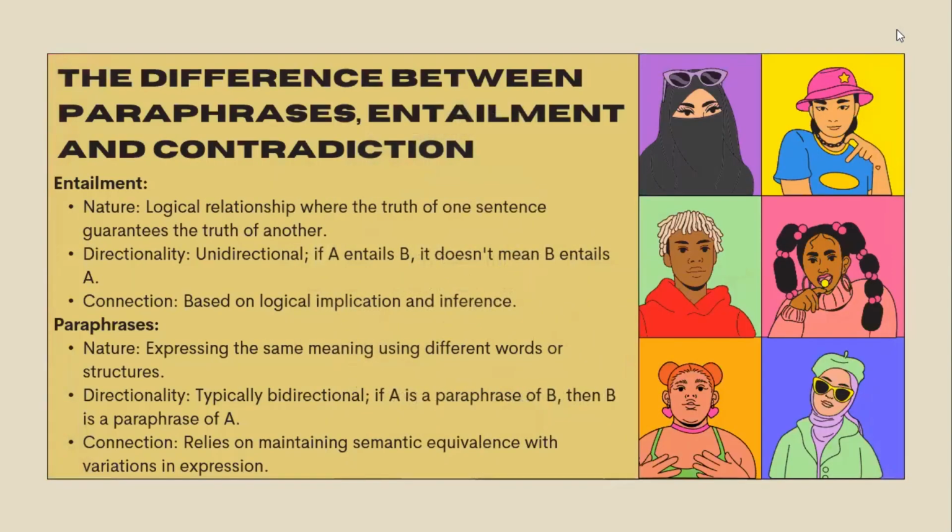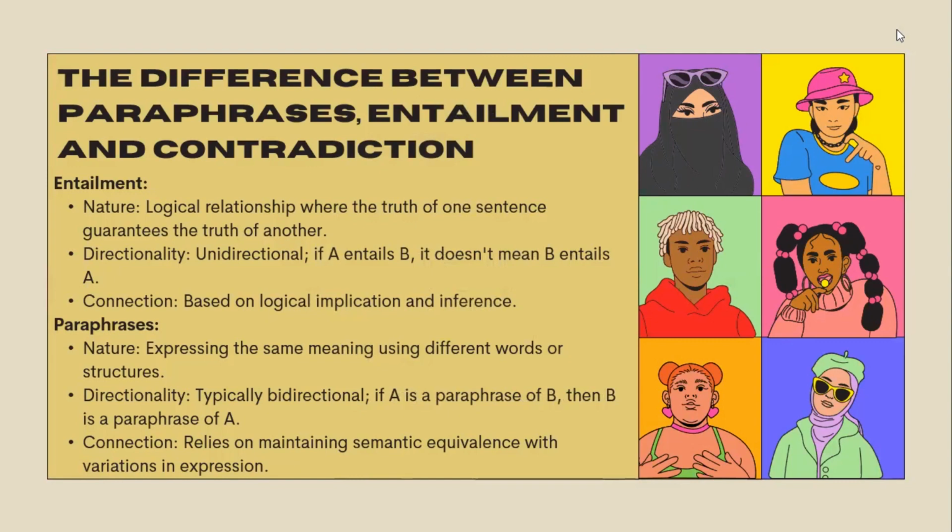So, what is the difference between paraphrase, entailment, and contradiction? Entailment in nature is a logical relationship where the truth of one sentence guarantees the truth of another. The directionality is unidirectional. If A entails B, it doesn't mean B entails A. The connection is based on logical implication and inference.